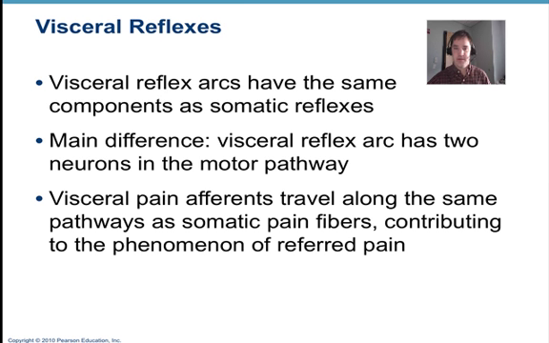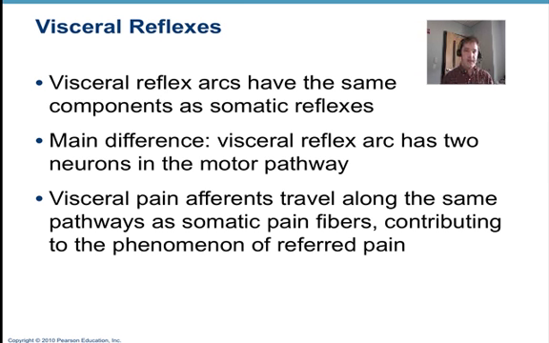So visceral sensory neurons are the first link in autonomic reflexes. They send information concerning chemical changes, stretch, and irritation of the viscera. And then we have visceral reflex arcs that help take care of maintaining homeostasis. Visceral reflex arcs have the same components as somatic reflexes, like spinal reflexes.